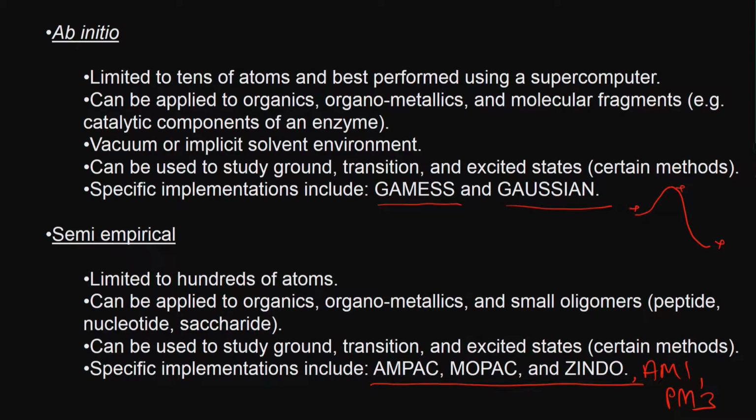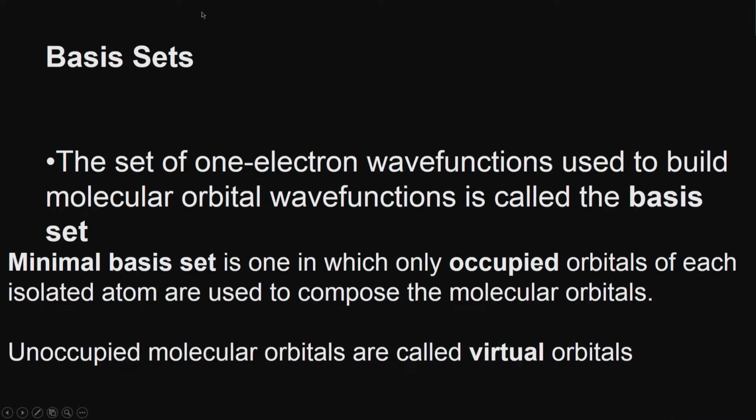Okay. So, of these two basic methods, generally for drug discovery the semi-empirical is good enough. If you are a theoretical chemist, then you may go into ab initio methods. You need to understand certain terminologies. The most important in ab initio is called basis sets. A basis set is a set of one-electron wave functions used to build the molecular orbital wave functions. You also have the minimal basis set, in which only the occupied orbitals of each isolated atom are used.